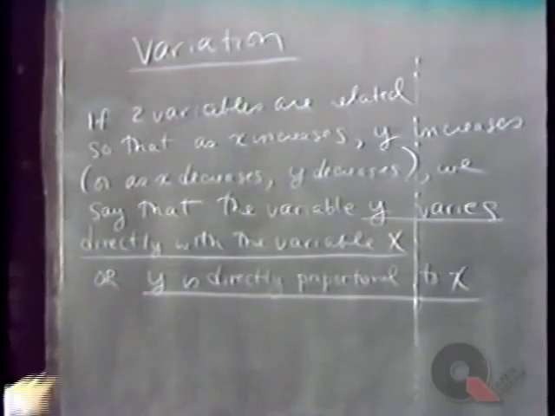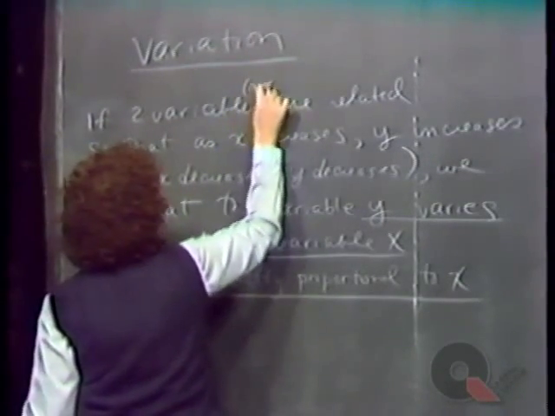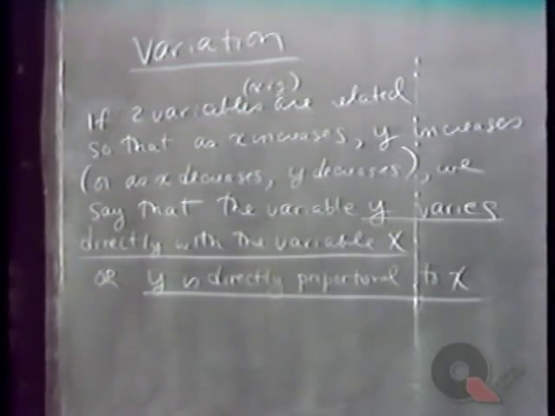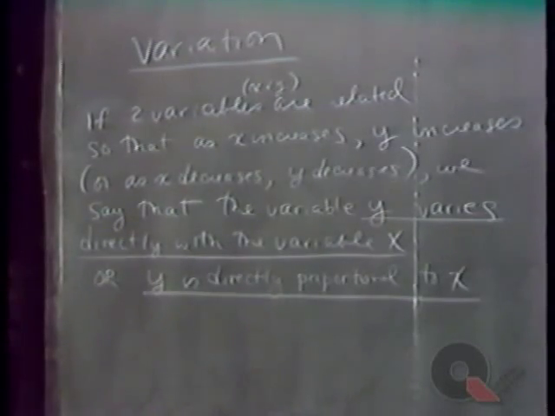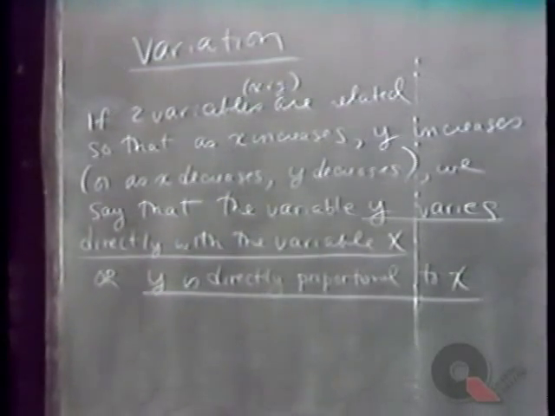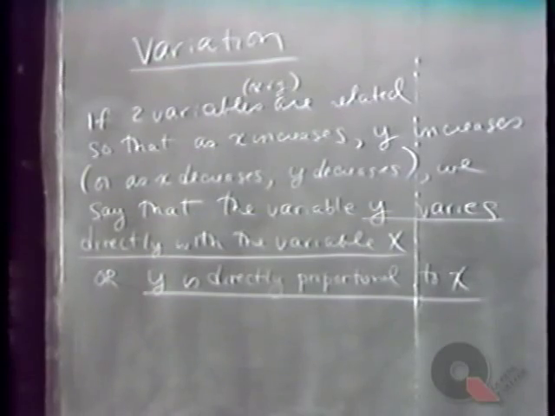If two variables, x and y, are related so that as x increases, y also increases, or the other way around, as x decreases, y decreases, that is, they're changing in the same direction, we will say that the variable y varies directly with the variable x, or y is directly proportional to x.